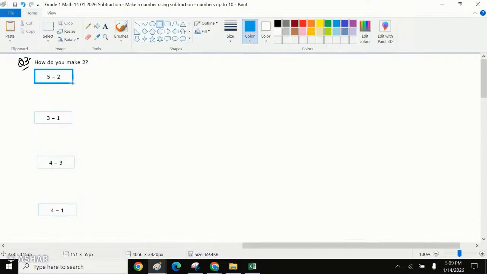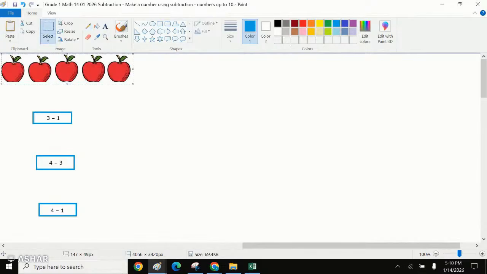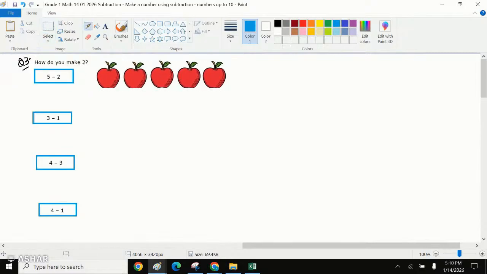5 minus 2 would be, what is 5 minus 2? If we had 5 of any shapes and if we remove 2 out of those, let's suppose we had 5 of these apples, let's label 1, 2, 3, 4, and 5.